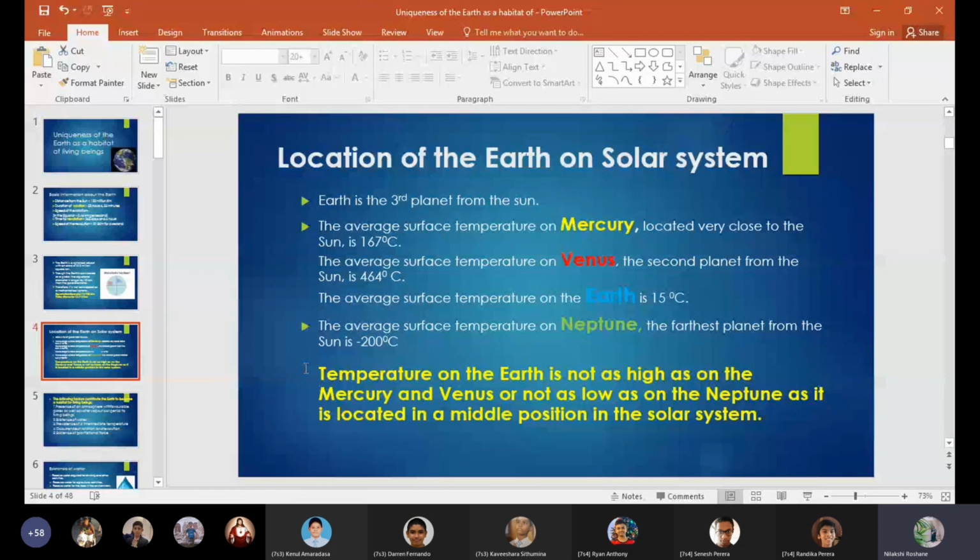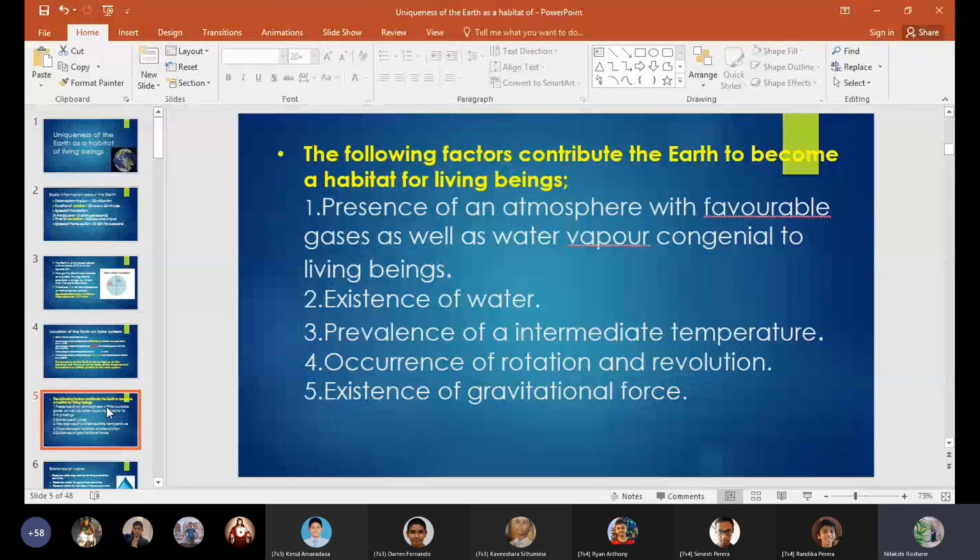The following factors contribute to the Earth becoming a habitat for living beings. First, the presence of an atmosphere with favorable gases as well as water vapor congenial to living beings. What is an atmosphere? Yes, it is around us. What else? The composition of the atmosphere? The ozone layer.